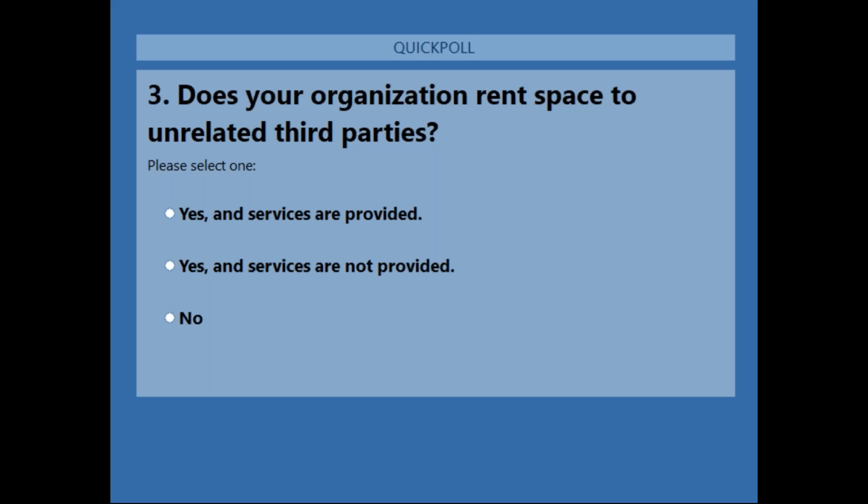What's kind of interesting about this one is sometimes people don't necessarily think of hosting events and things like that as being a rental activity, but it can be depending on the arrangement. It looks like we've got about 90% of people reporting, and we have 40% saying yes and they don't provide any services, 25% saying yes and services are provided, and then about 35% saying no rental activity.